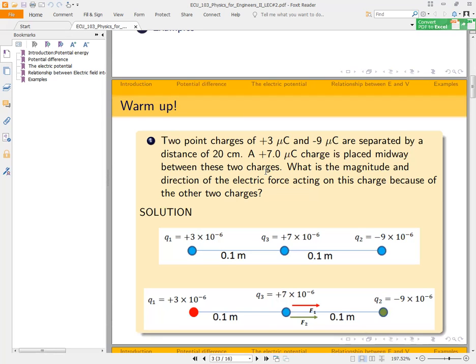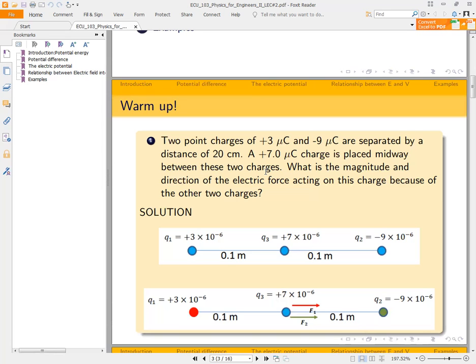Before the last lecture aborted, I had given you this question to try, and at that time I had not shown you the solution. So here I'm going to explain how it is done, and then you can verify the answers using your calculators. The question goes like this.